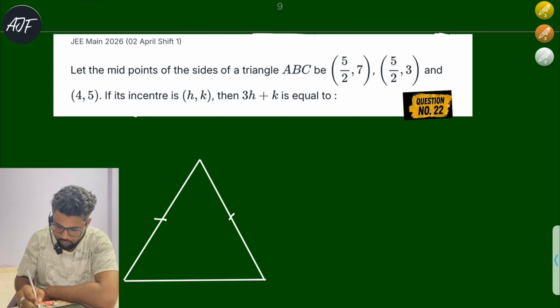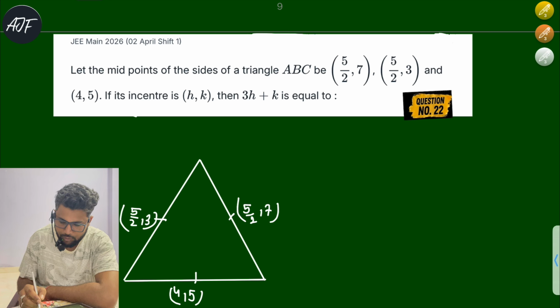Suppose these are the midpoints: (5/2, 7/2), (5/2, 3) and (4, 5). Easily, add and subtract on the x axis: 5/2 plus 5/2 minus 4.